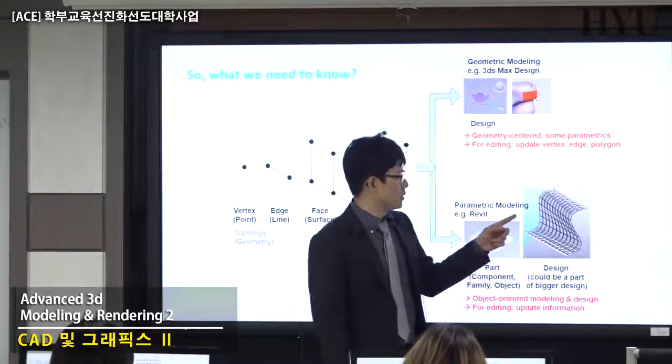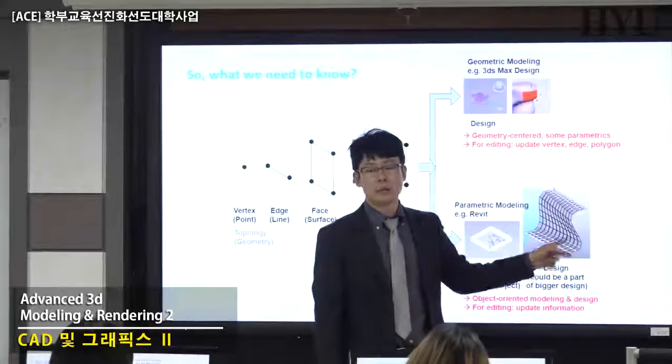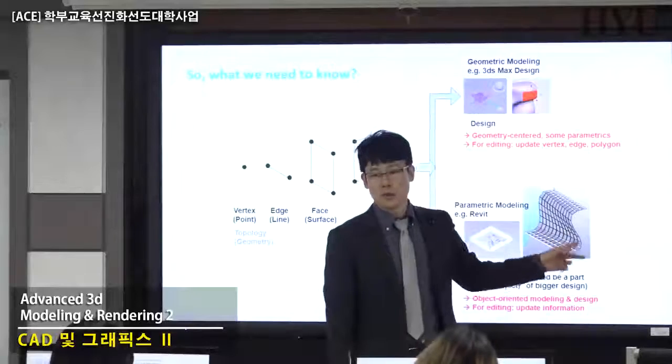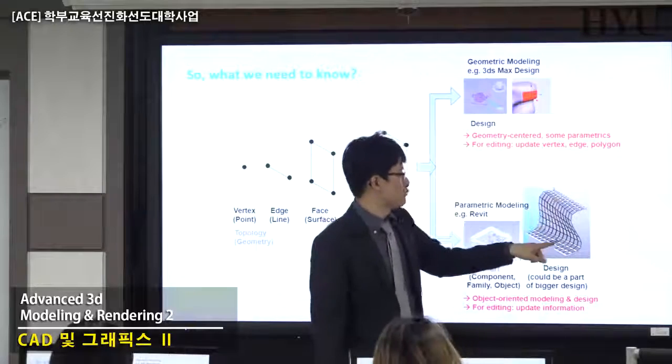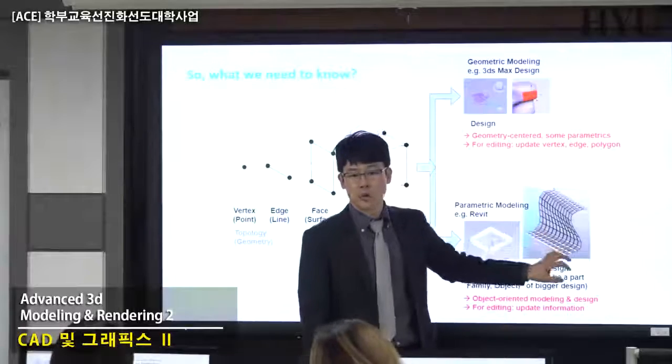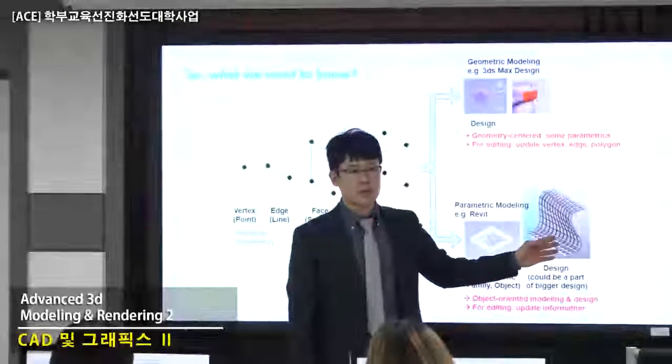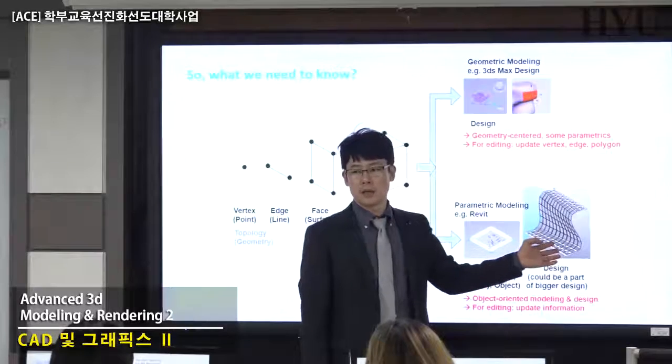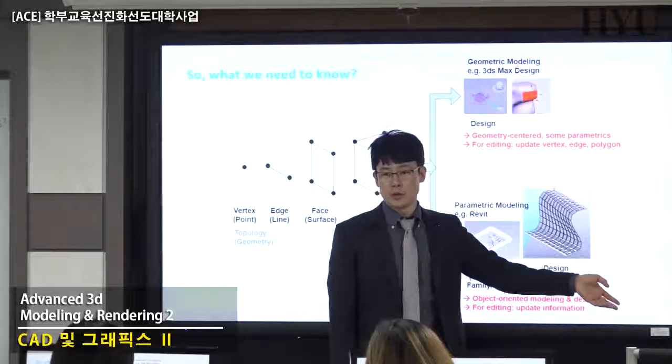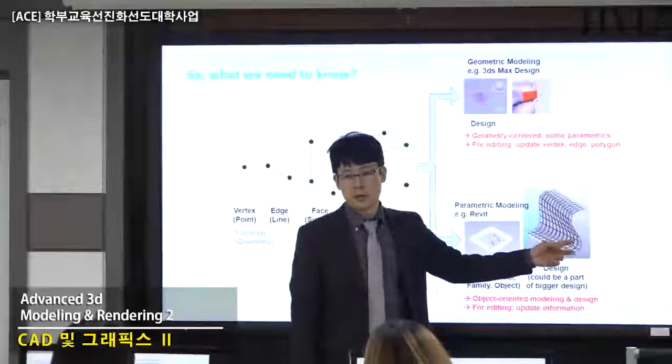This part is auto-assembled this way, parametrically, in automation. By using 3D Max, we have to use editable poly and inset, but it's not recognizable to computers. But this one is auto-generated by computers.